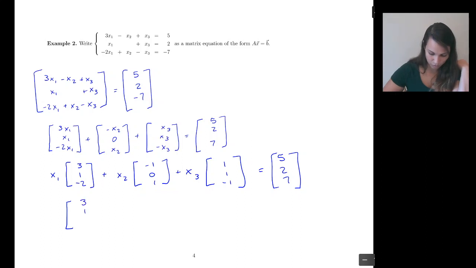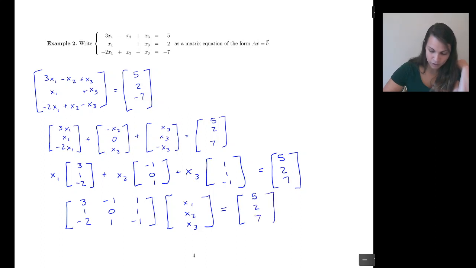So 3, 1, negative 2, which means the next column of A is negative 1, 0, 1, and the last column of A is 1, 1, negative 1. And that's all being multiplied by the column vector x1, x2, x3, and that is equal to our B vector, 5, 2, 7, just like we knew it would be all along.